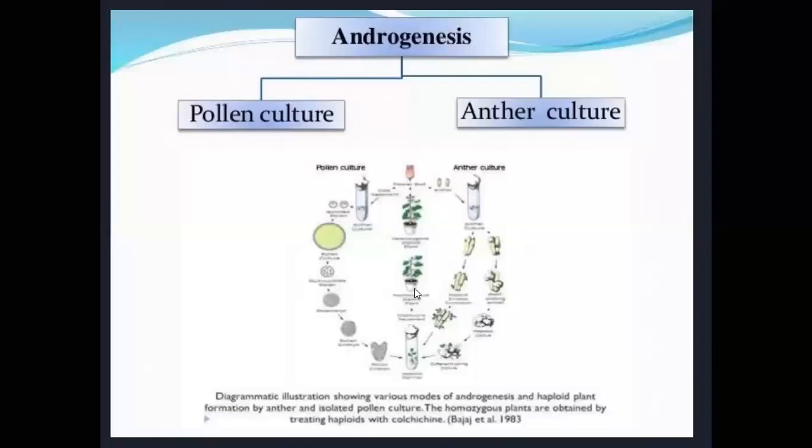And the next one, production of haploids, also called androgenesis. When we take pollen culture, the pollen means haploid condition. Pollen grains are in haploid condition. The pollen grains are taken as an explant on the nutrient medium. They develop into only haploid plants. Those haploid plants contain only a single set of chromosomes.